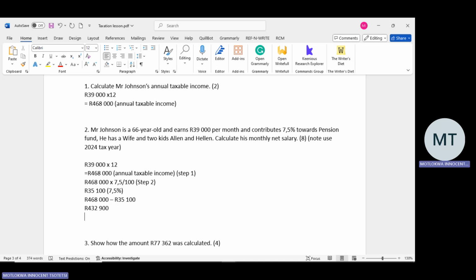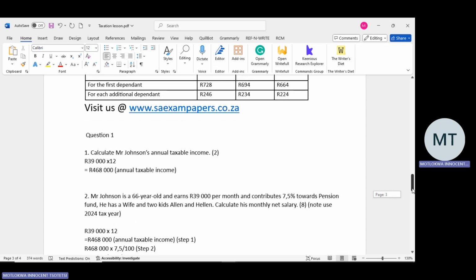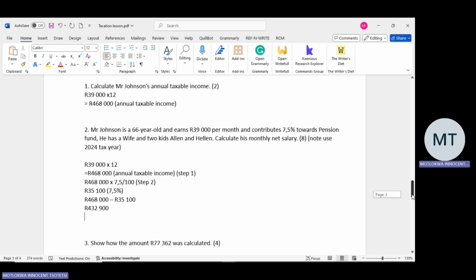We are going to check whether this person qualifies for the tax threshold, so we go to the table of tax threshold. Now I'm going to check under step number 3.